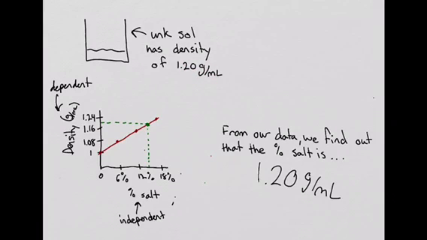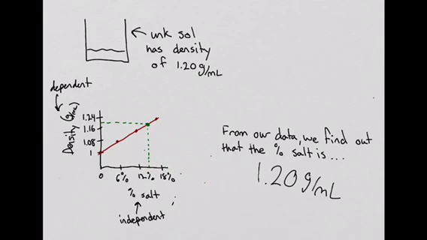And so what we did in the last step is we made this beautiful graph right here from our data that we got. And as you can see, this 1.20, we're going to line it up right over here. Line it up, line it up, line it up, and boom. We know that this is the percent salt solution inside our sample.